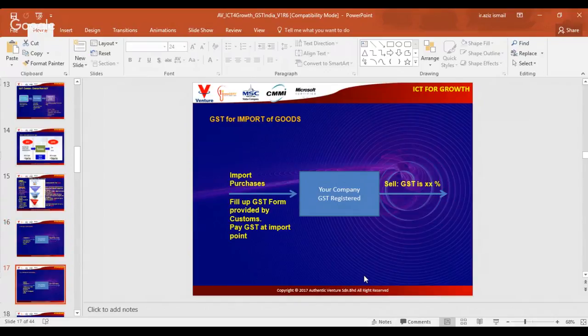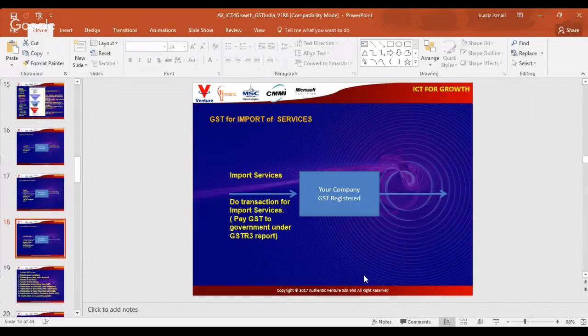If you are importing goods, then you pay tax at the customs point, and then you can claim the input tax. And if you import services, you need to pay the GST for the services. There is a transaction process inside the accounting system for you to record this import of services GST transaction.